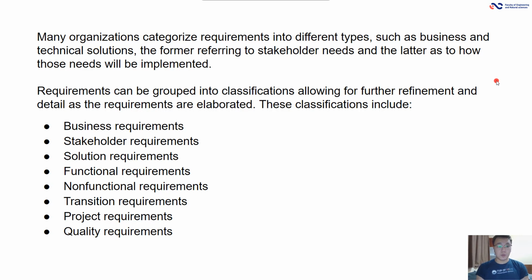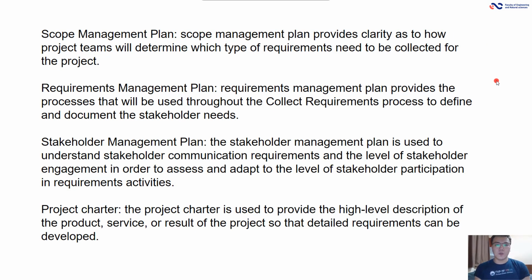This classification includes business requirements, stakeholder requirements, solution requirements, functional requirements, non-functional requirements, transition requirements, project requirements, and quality requirements. The scope management plan provides clarity as to how project teams will determine which type of requirements need to be collected for the project.